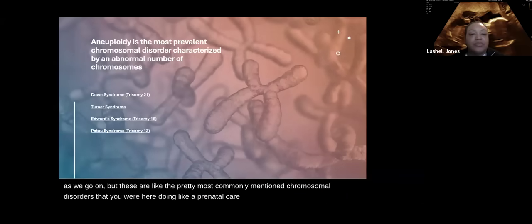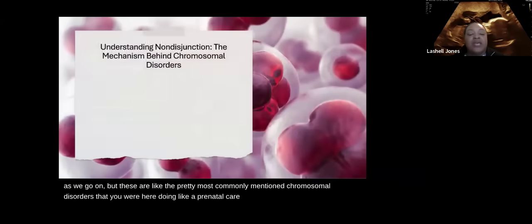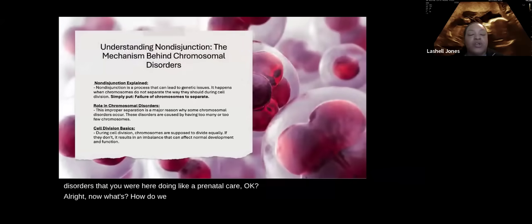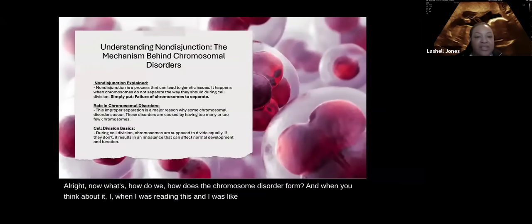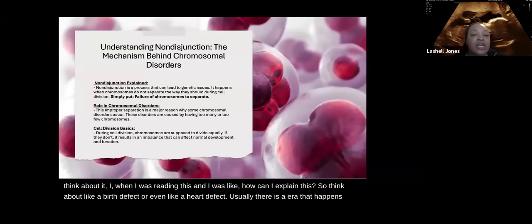Okay. Now, how does the chromosomal disorder form? When I was reading this, I was thinking, how can I explain this? Think about a birth defect or even a heart defect. Usually there is an error that happens during embryology.